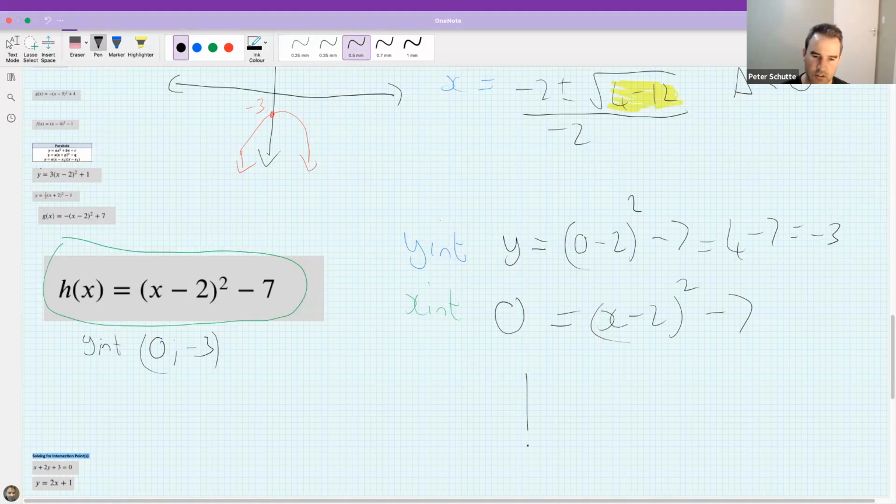There's actually two ways you could do this last bit, but I think most of you are probably going to multiply this out, which is fine.